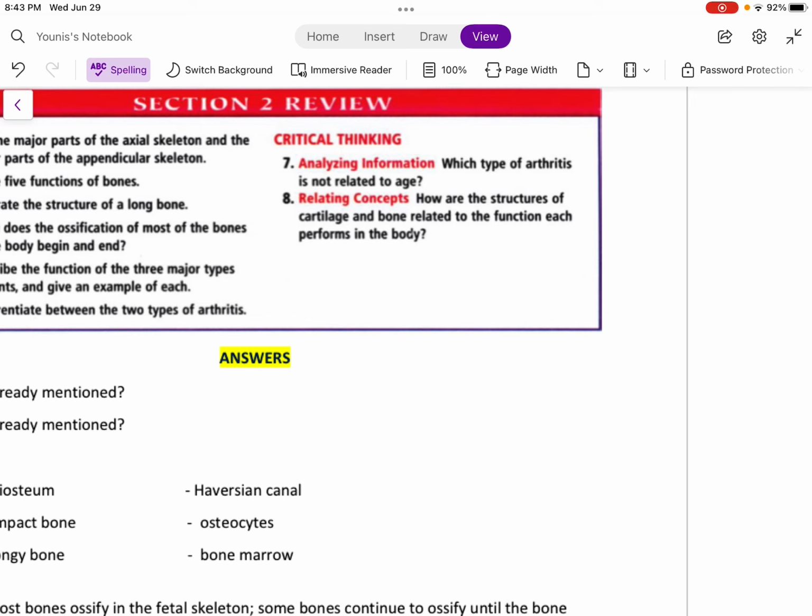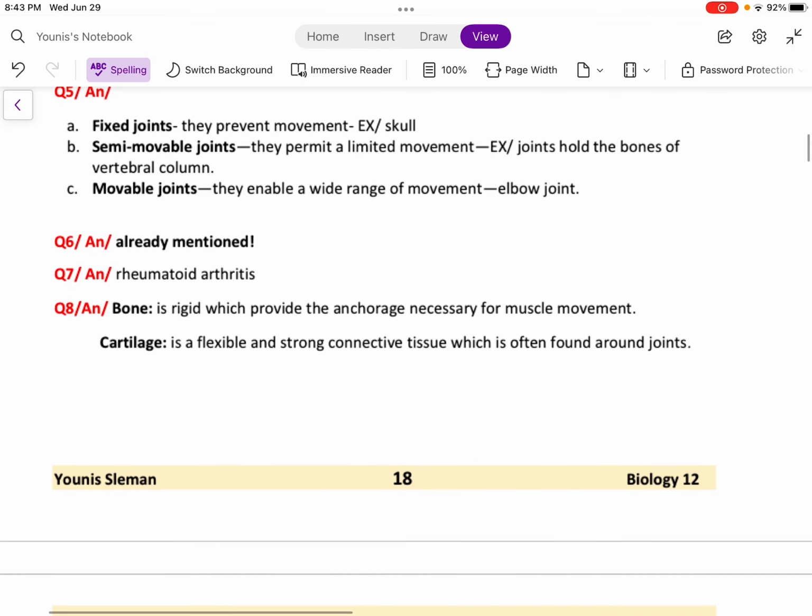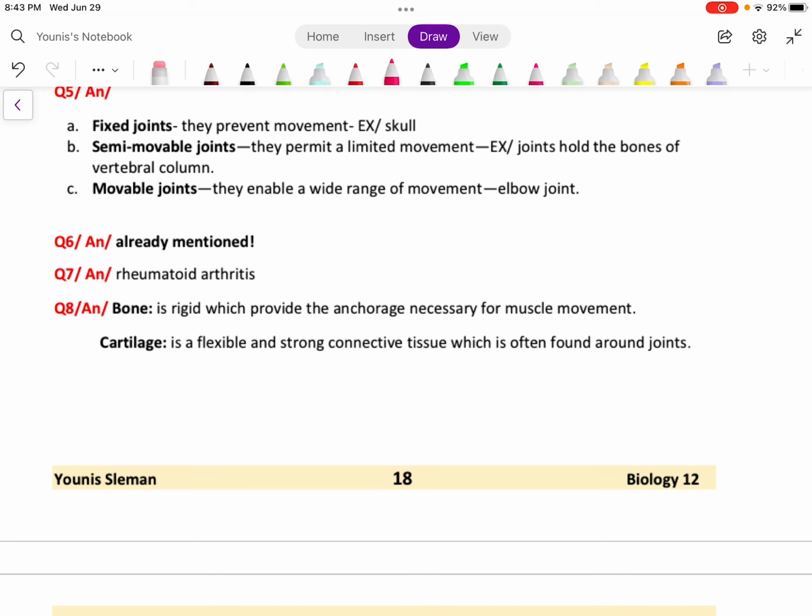Relating concepts: how are the structures of cartilage and bone related to the function each performs in the body? The main difference between bone and cartilage, if you remember from the first section, is that the bone's matrix is solid and it can provide us with a rigid structure that provides anchorage for muscles to pull on, to provide us with movement.